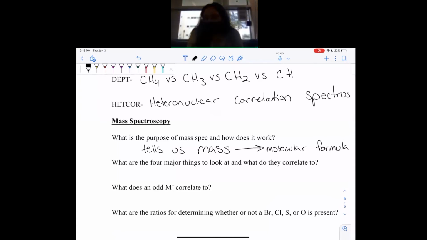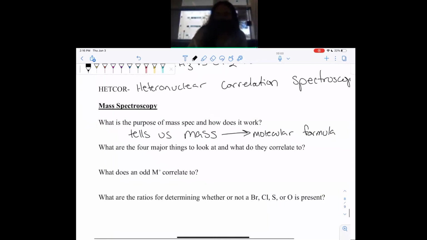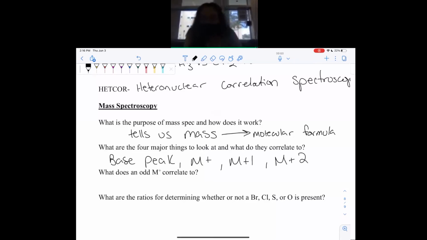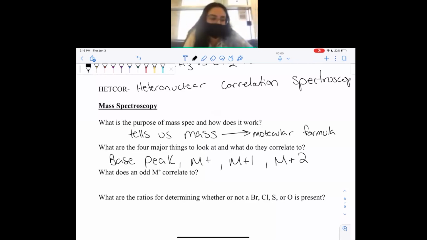So, the four things we are going to look for, you guys pretty much said it, is the base peak, the M+ peak, the M+1 peak, and the M+2 peak. And we're going to go over what each of those means in 1 second.